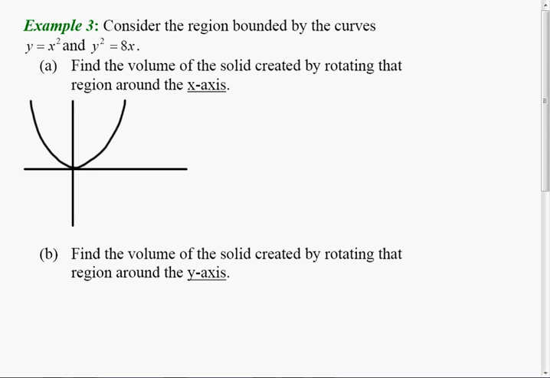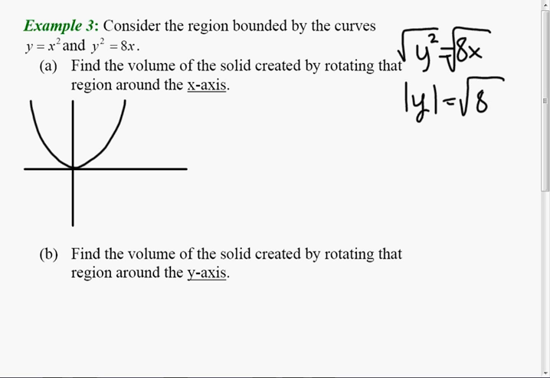Y squared equals 8x. That's a parabola on its side. Can you solve for y? Yeah. You square root both sides. So the absolute value of y is equal to the square root of 8x. So y is equal to plus or minus the square root of 8x. So that would look like this.